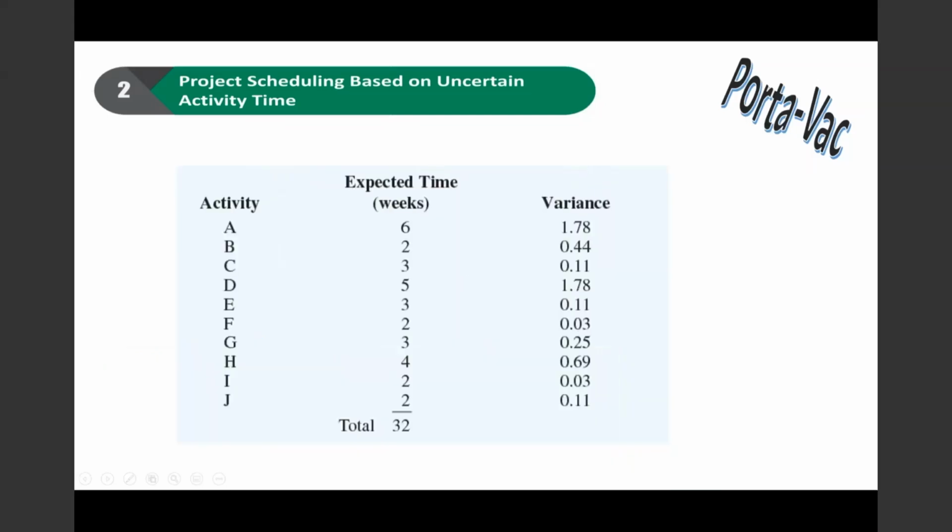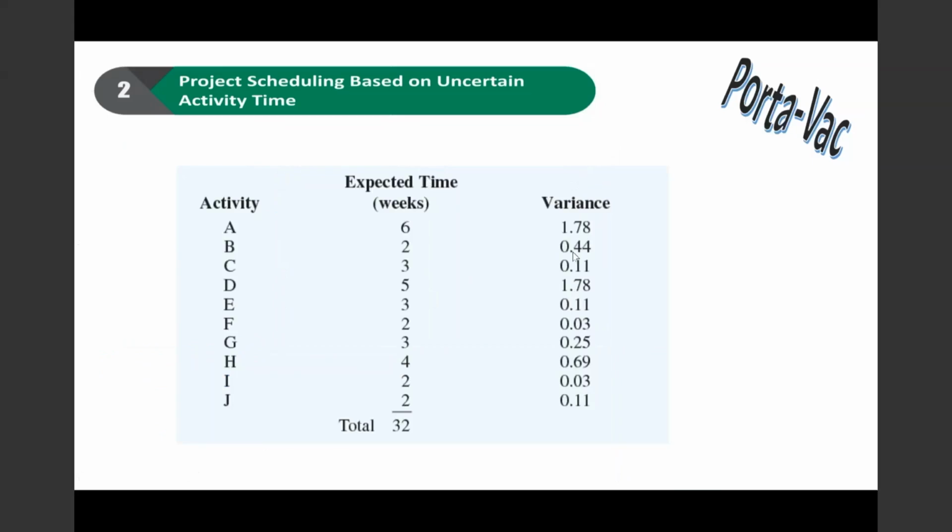So calculating the mean or the expected time for each of the activities gives you this summary table, showing the expected time of all the activities and the variance of all the activities in this particular project.